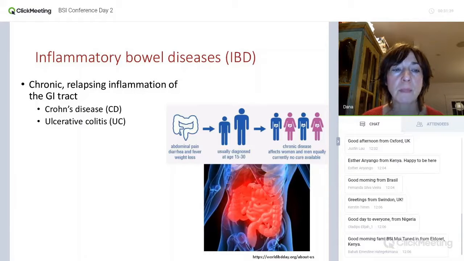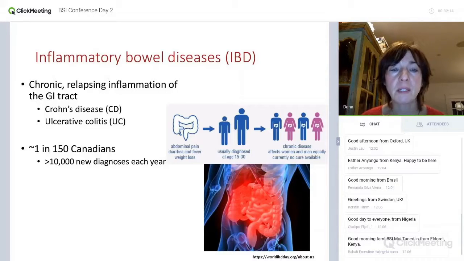Ulcerative colitis is another form of IBD that's limited to the large intestine and the rectum. Both of these diseases cause a great deal of abdominal pain, diarrhea, and often weight loss. The disease is usually diagnosed in the puberty range, around the age of 15 up to about 30 years of age. And it affects both men and women equally, so there's no sex bias with these IBDs.